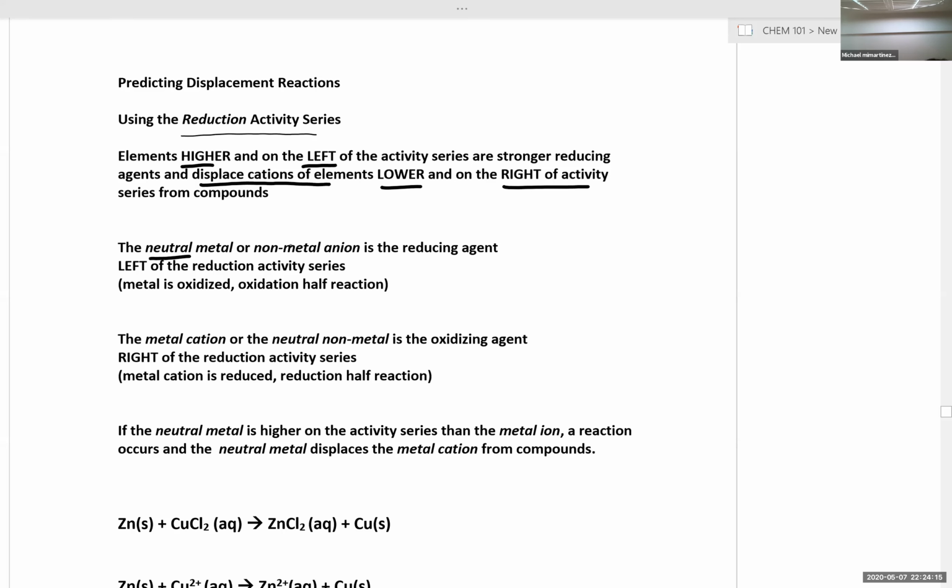The neutral metal or nonmetal anion is the reducing agent, and it's always on the left of the activity series. The metal cation or the neutral nonmetal is the oxidizing agent, and it's always on the right of the activity series. If the neutral metal is higher on the activity series than the metal ion, a reaction occurs and the neutral metal displaces the metal cation.